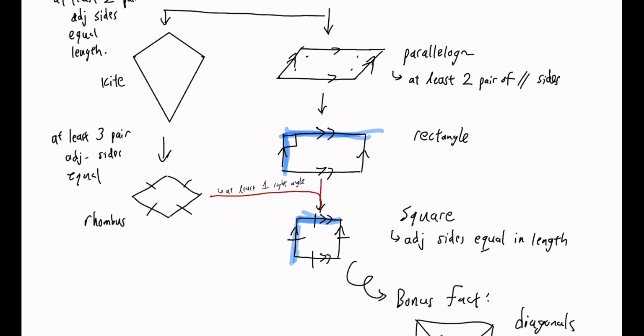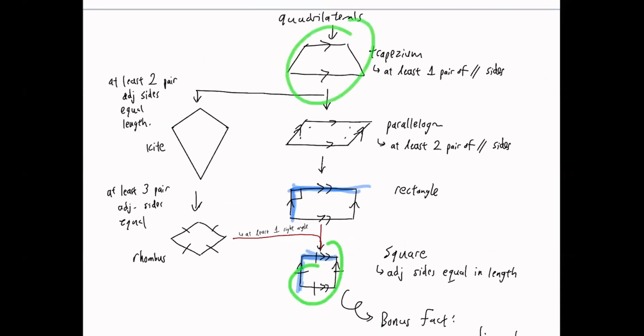When this rhombus has at least one right angle, it will become a square. So a square is a special kind of rhombus. A rhombus is a special kind of kite. A square is a special kind of kite. A square is a special kind of rectangle. A square is a special kind of parallelogram. A square is a special kind of trapezium. So on and so forth.